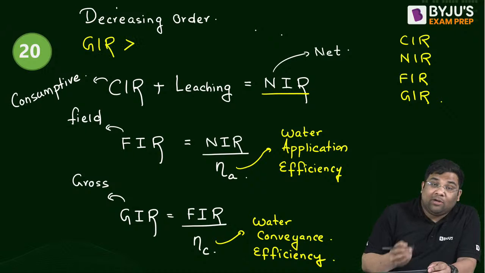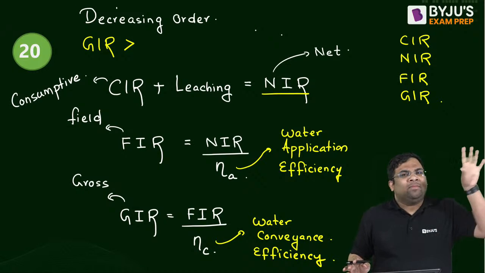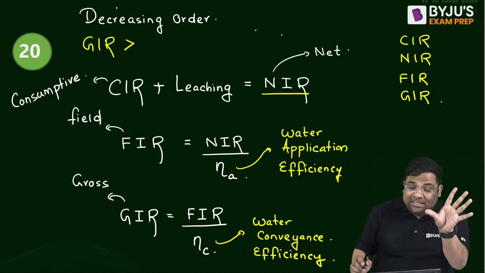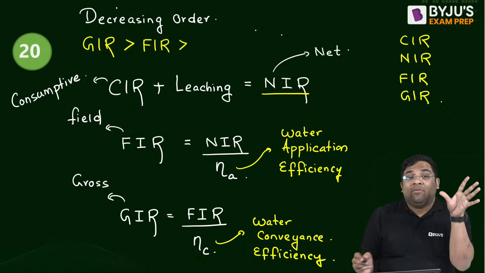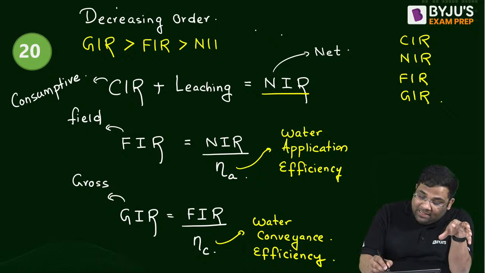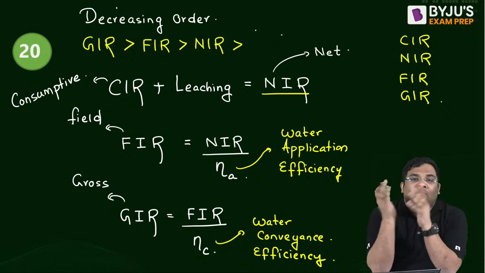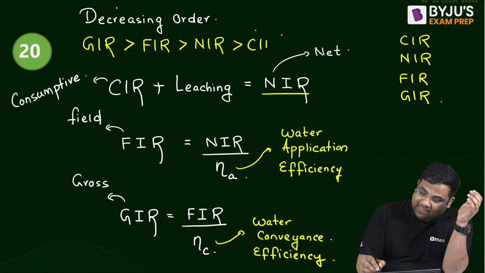Gross requirement will be more. Gross is from the source. Till it reaches the field, there will be some losses. From the field, when it reaches the root zone, the net requirement will be less. And in the root zone, some will be utilized by the plant and some will be used for leaching. So that is the least one.